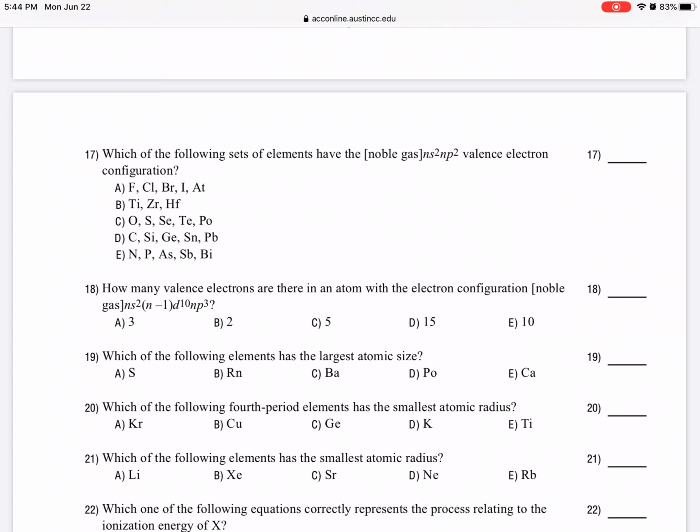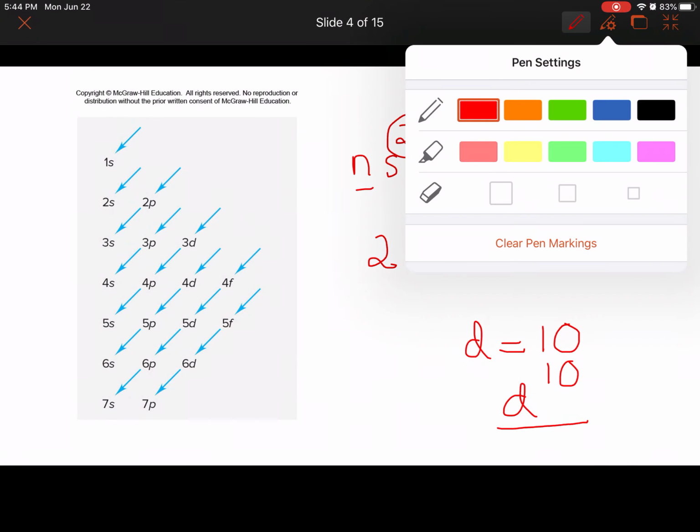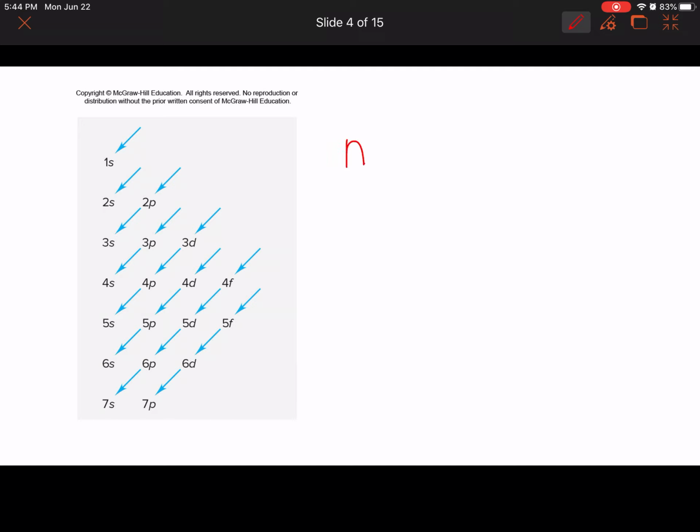What is the total number of valence electrons in ns2, np2? s and p would be the same principal quantum number. So s and p both are going to be your valence electrons. So 2 plus 2, there are 4 valence electrons. 4 valence electrons are in which group? It's in group 4, right? s2p2.